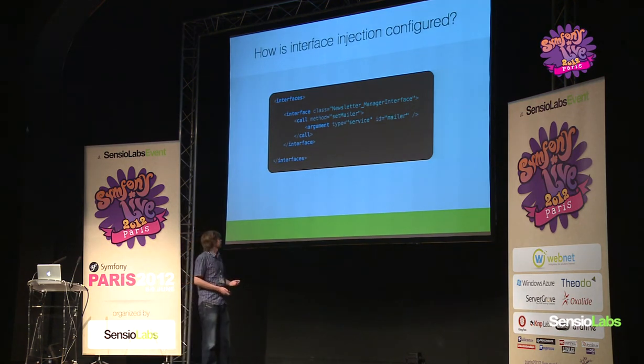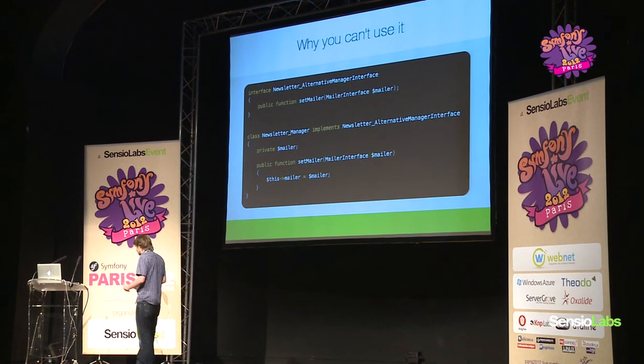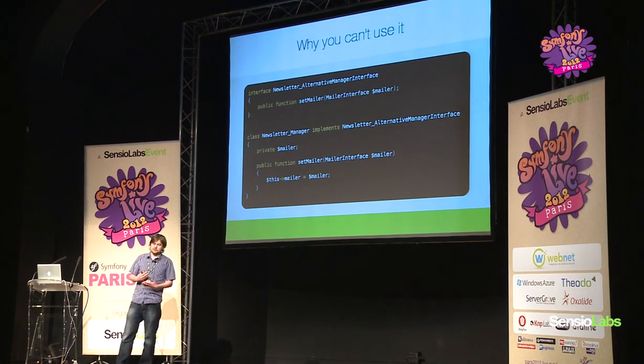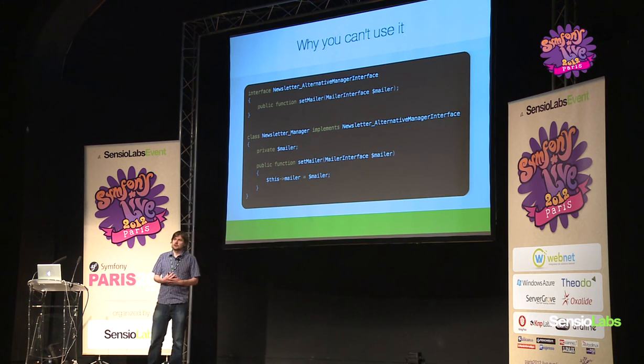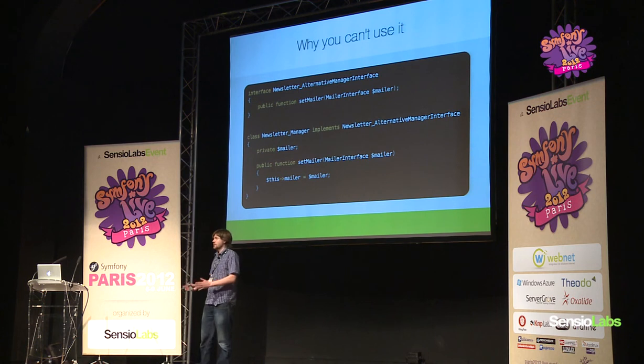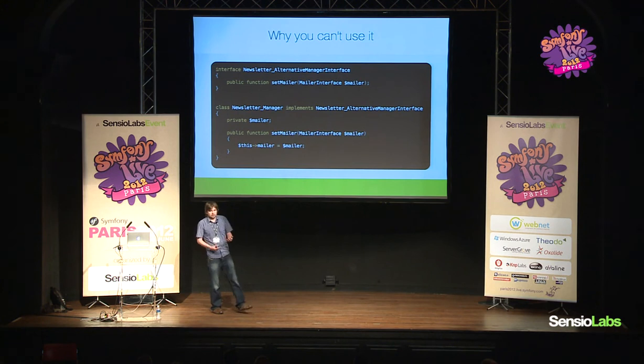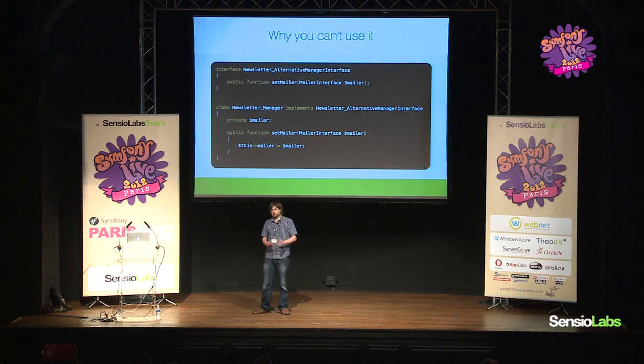However, there are some fundamental problems with this. Essentially, what we're doing is tying ourselves back into the implementation, with the code becoming part of our configuration. We're no longer making a clean separation between the configuration and the code itself. Because the problem is, say you have 10 classes that implement this interface and you're using it to inject that mailer, then what if you want 5 of them to have one particular mailer and 5 of them to have an alternative one?